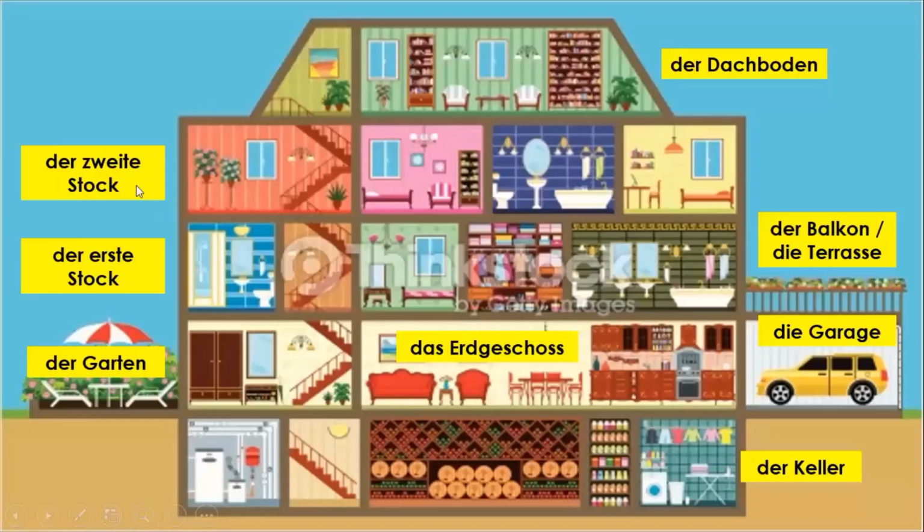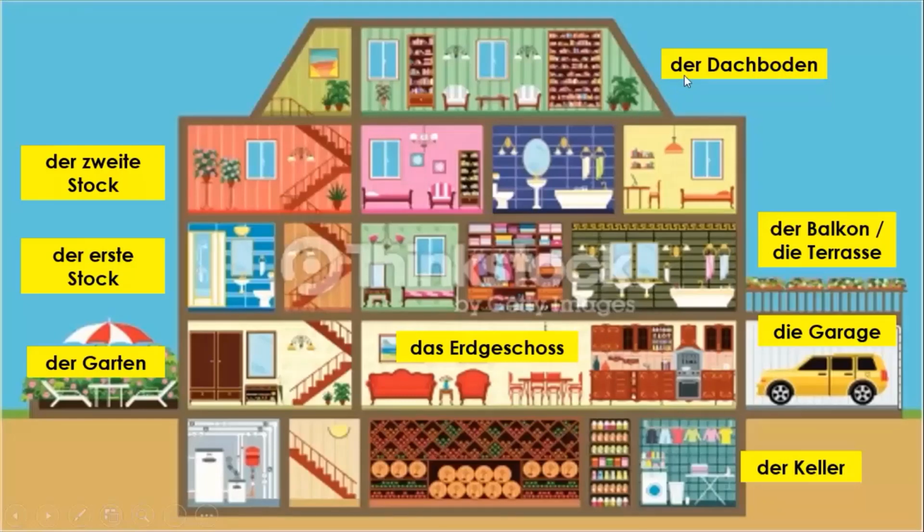And der zweite Stock is the second floor. So you can also say das erste Geschoss for the first floor and das zweite Geschoss for the second floor.